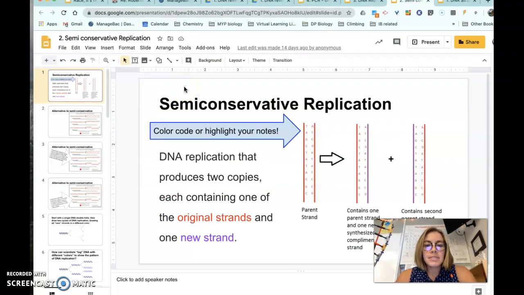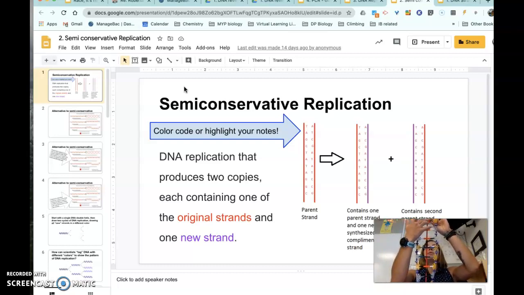But what happens in DNA replication is that it produces two copies. Each one of them contains one of the original strand and one of the new strand. So when we look at our model of DNA here, these central pieces represent hydrogen bonds.